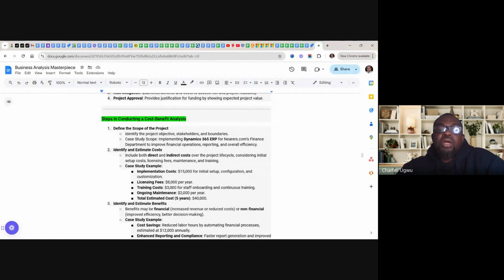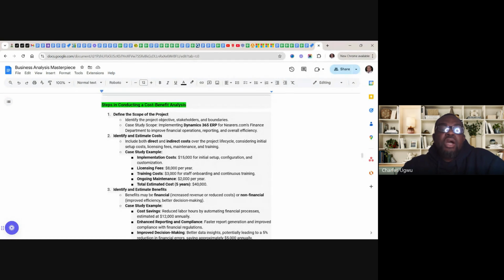You can see the objective is quite clearly stated. Why are we doing this? To improve financial operation, reporting, and overall efficiency. The second thing is to identify and estimate cost. You need to identify and do a cost estimate.